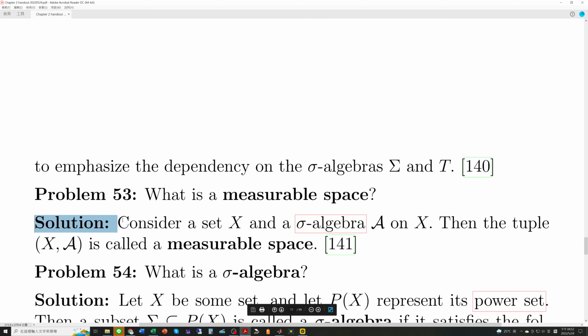Solution. Consider a set X and a sigma algebra. I will introduce what is a sigma algebra in the next problem. A on X, then the tuple (X, A) is called a measurable space.